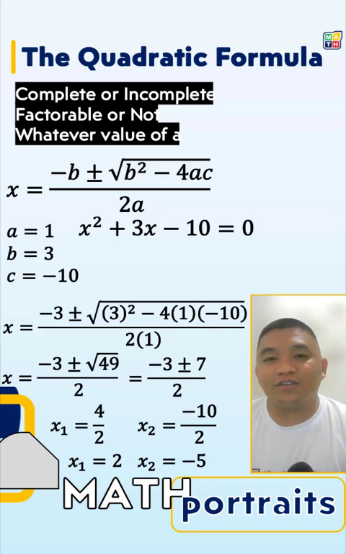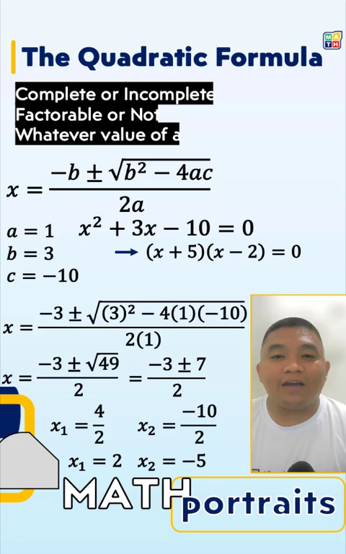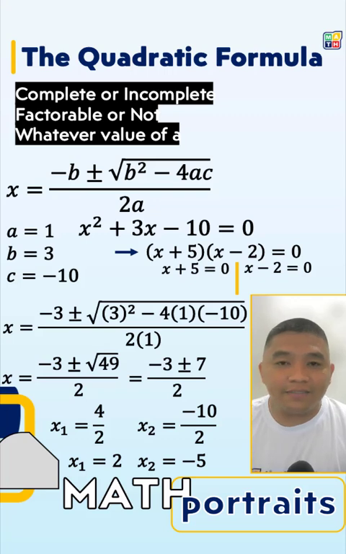Let's just check whether we can use other methods and still get 2 and negative 5. We know that x squared plus 3x minus 10 equal to 0 is factorable. Hence, we can use factoring here, and we can have the factors x plus 5 and x minus 2 equal to 0. And according to the zero product property, we can break them into 2 separate items. x plus 5 equals 0 and x minus 2 equals 0.